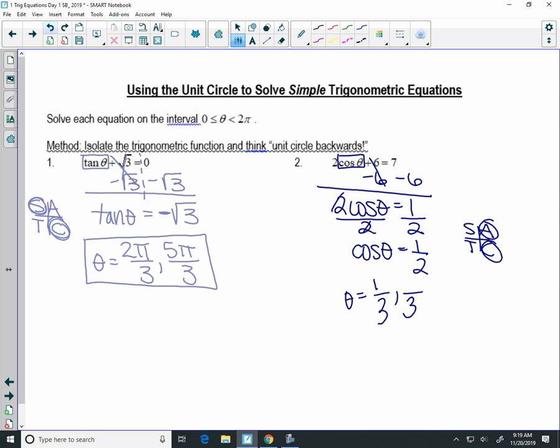In quadrant 1, we have pi over 3. And in quadrant 4, 5 pi over 3. So get your trig value all by itself and do the unit circle backwards.